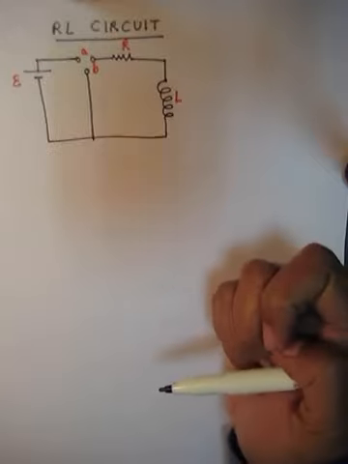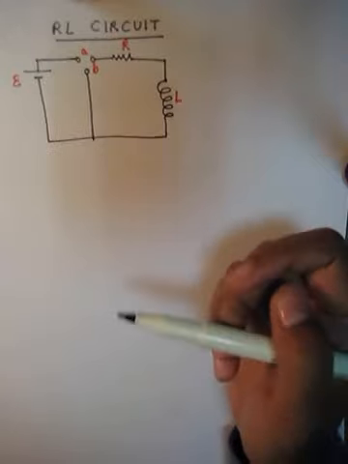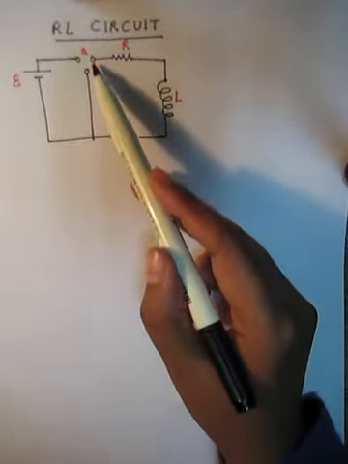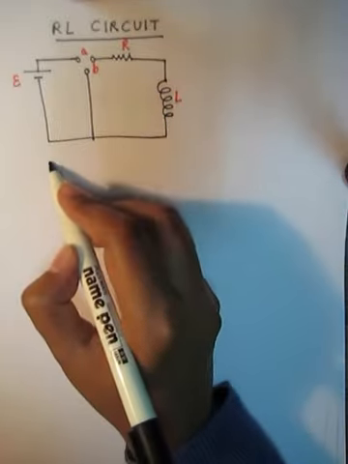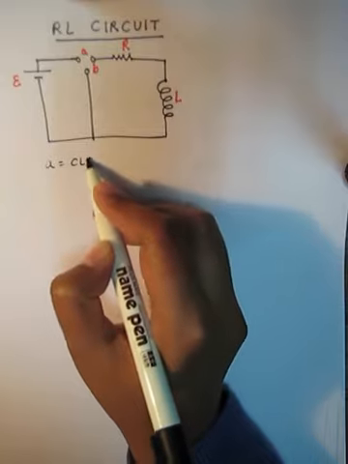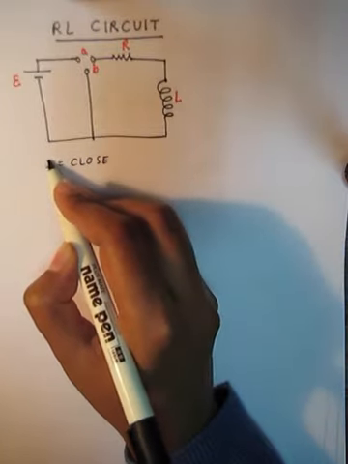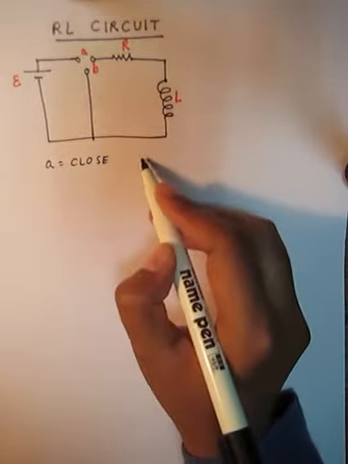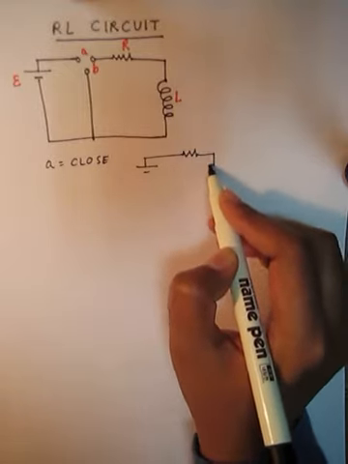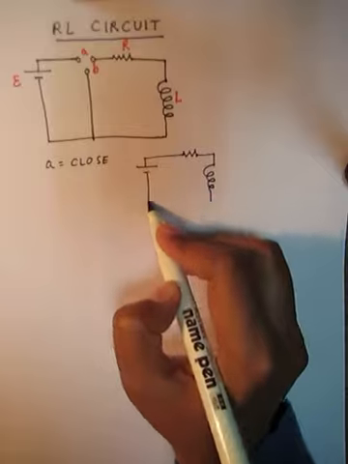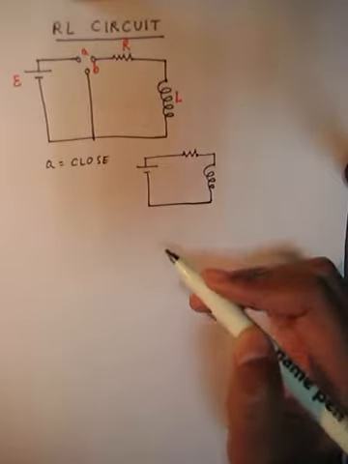Now let's try to understand how an RL circuit will behave when the switch B is closed. In the first part, we closed switch A. When switch A is closed, the circuit will behave like this.